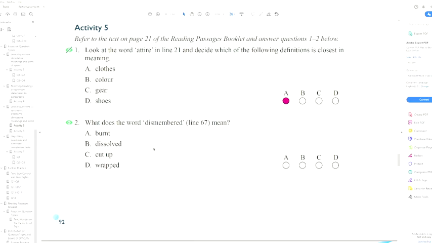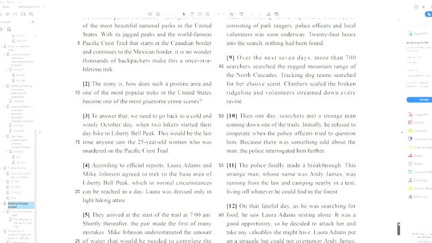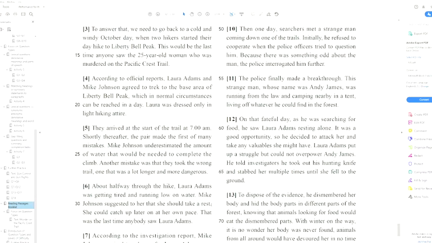What does the word dismember in line 67 mean? Ooh, lovely. Dismembered. To dispose of the evidence, he dismembered her body and hid the body parts in different parts of the forest. Ooh, lovely.